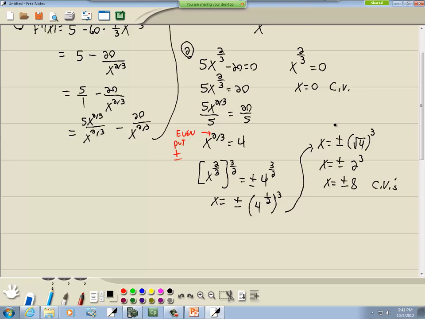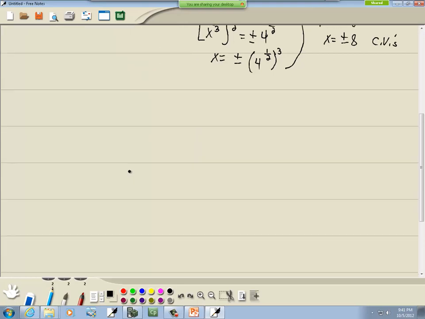Okay. Well, now let's come down here and build our table of intervals. So I'm going to have x equals -8, x is equal to 0, and x is equal to positive 8. Those are our 3 critical values.